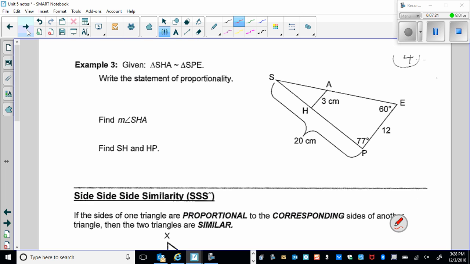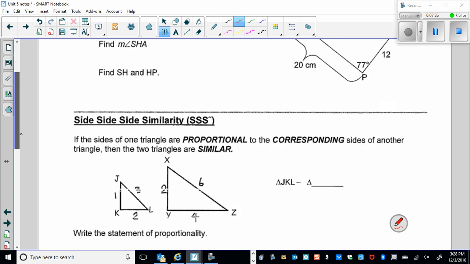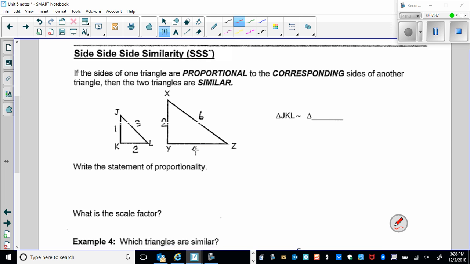I will go over example 6 in class. If you want to do it, you can do it if you want to, but we'll do this in class. So the next one is, remember we did the congruency statements; now with triangle similarity, we can only use 3 sides.